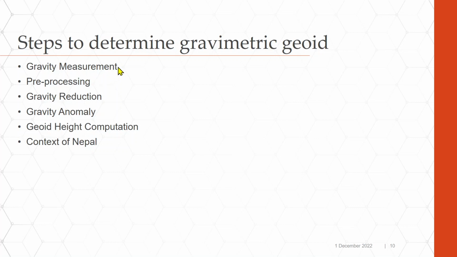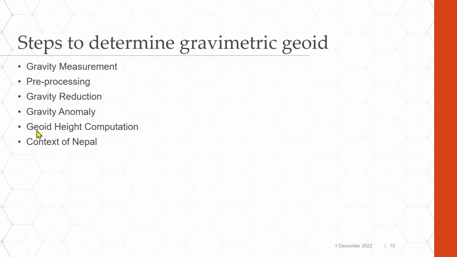So after you perform the field work, the second step is pre-processing of those gravity data. The third step is gravity reduction from surface to sea level. Fourth is computation of gravity anomaly.